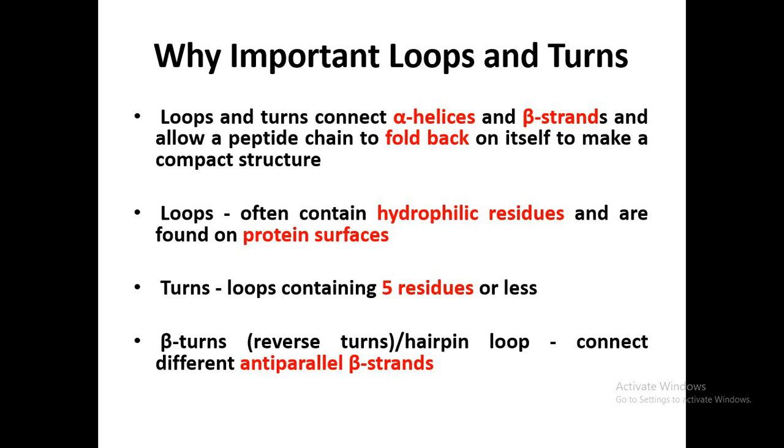And then, due to the nature of the amino acids found in the loop, these amino acids are mostly hydrophilic in nature. So a loop is always found on the surface of the protein, and a loop contains more or less 5 residues.